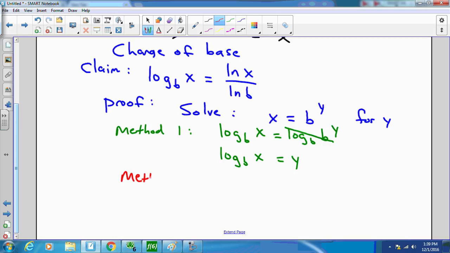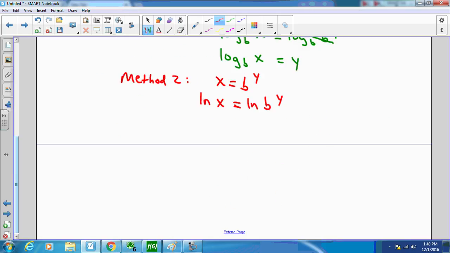Now, I'm going to come back and solve the same equation in a different way using natural logs. I'm going to start with x equals b to the y, and take the natural log of both sides. Here's where I get to be clever.